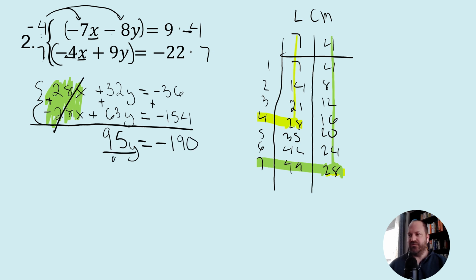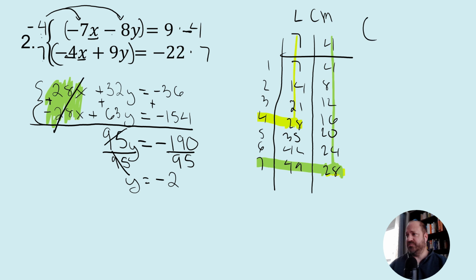Now let's divide, solve for y. Divide by 95 and 95, and we get y equals negative 2.